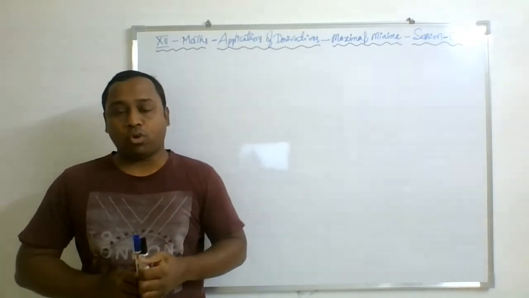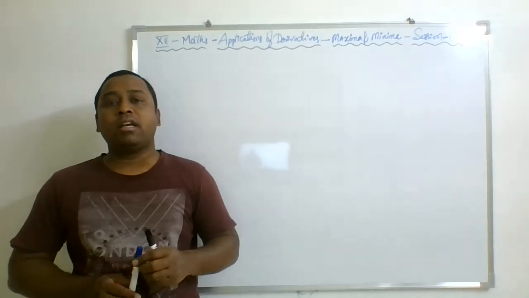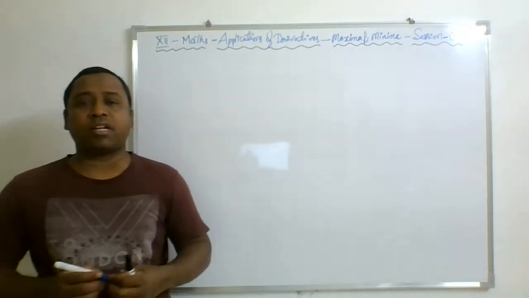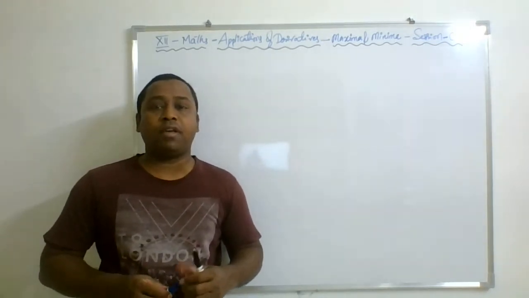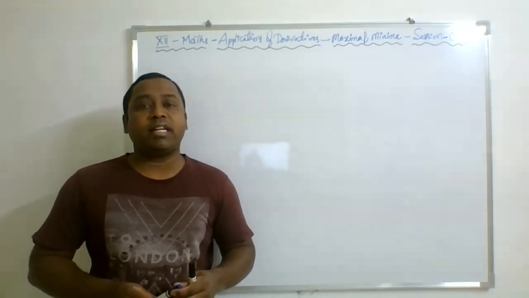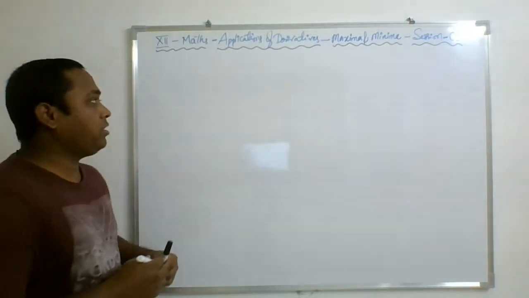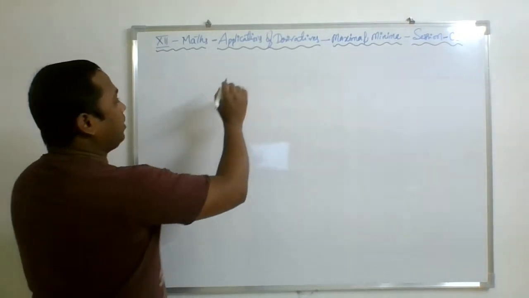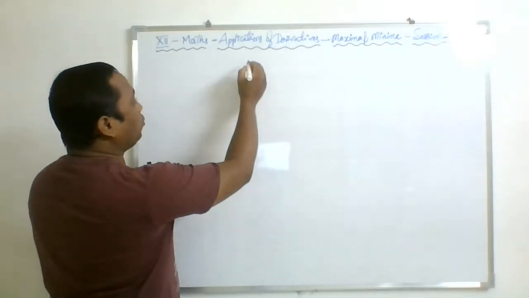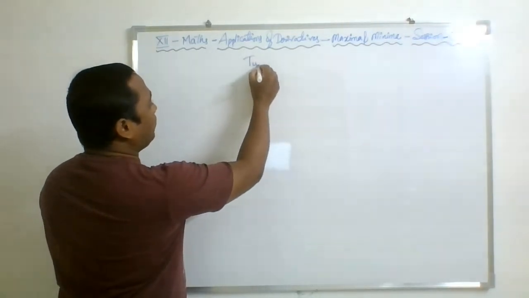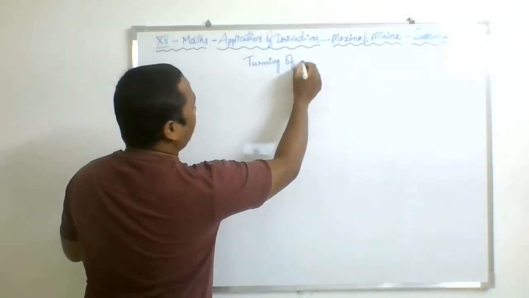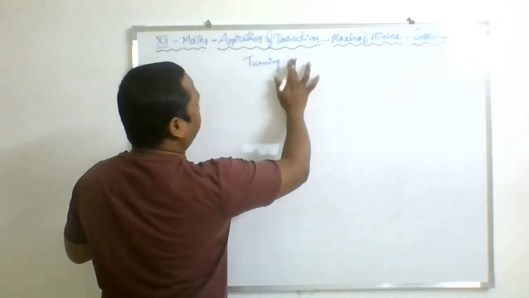Before we get into the topic, first we need to understand what is meant by a turning point. You have studied the turning points of a graph in the last session, where you solved increasing and decreasing functions. Before getting into maxima and minima, you need to know the turning points of the graph.